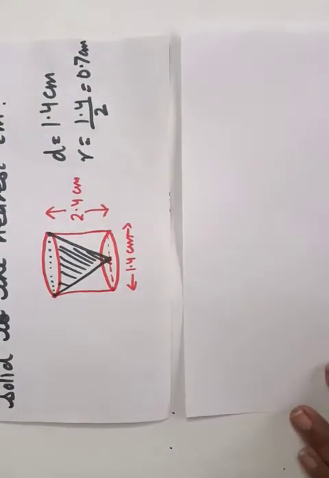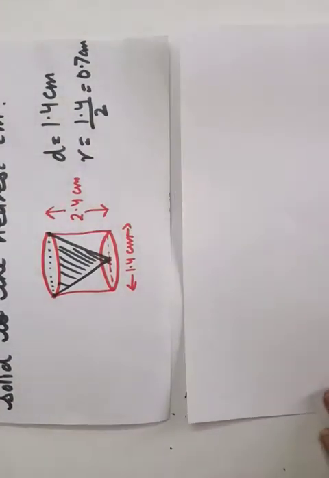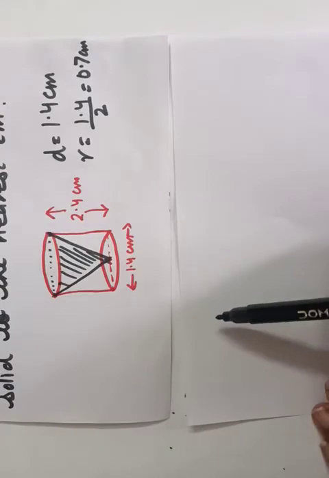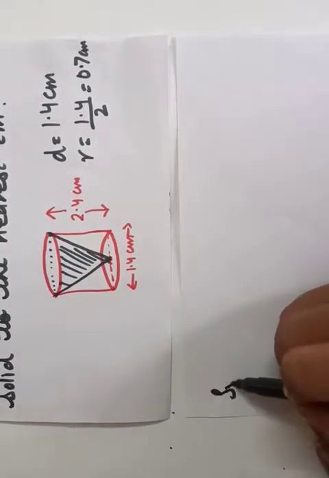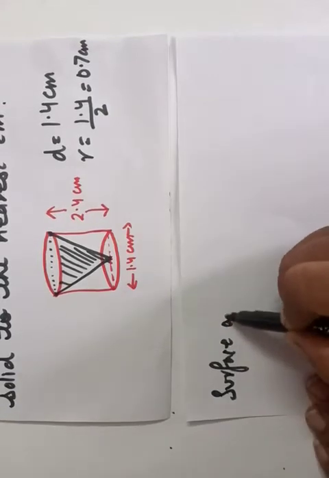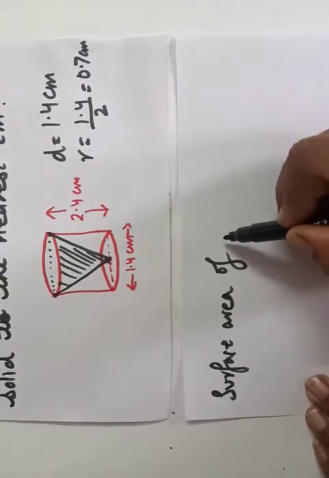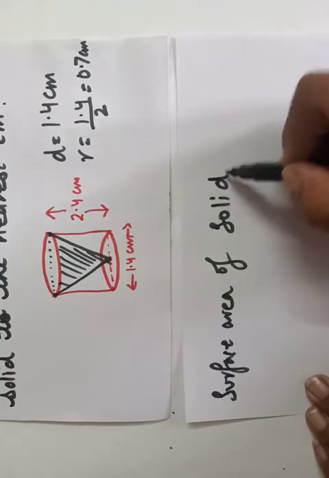First of all we have to write the statement for how we can find the surface area of the solid.